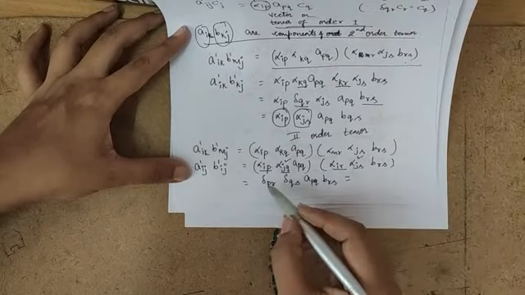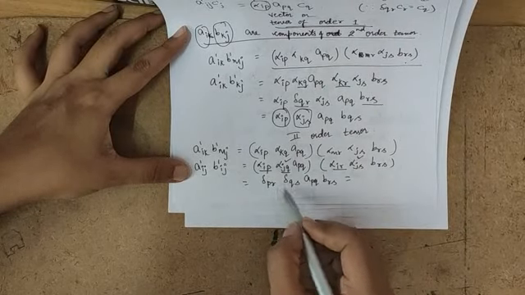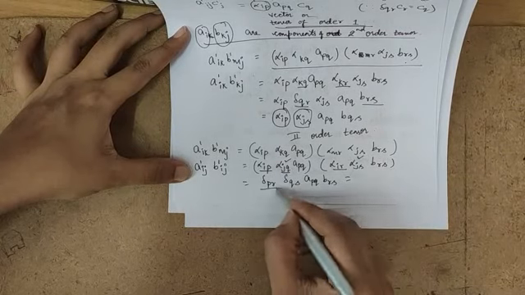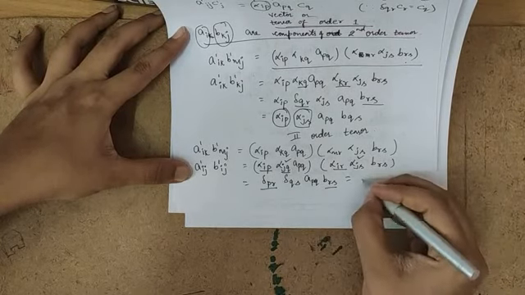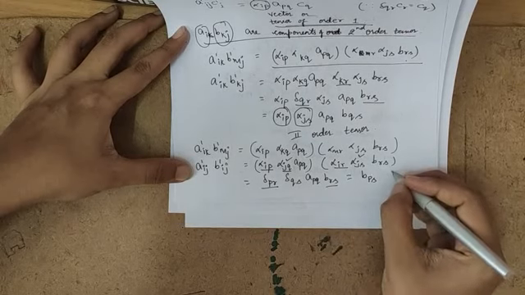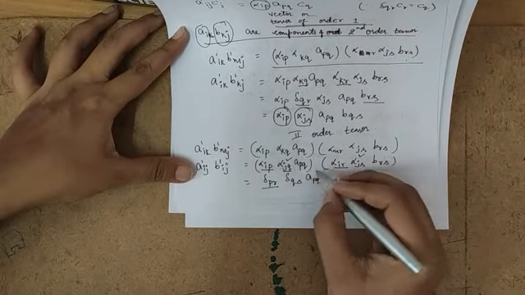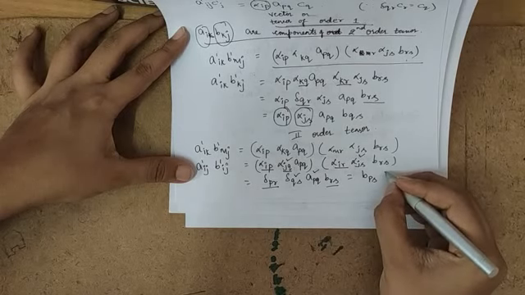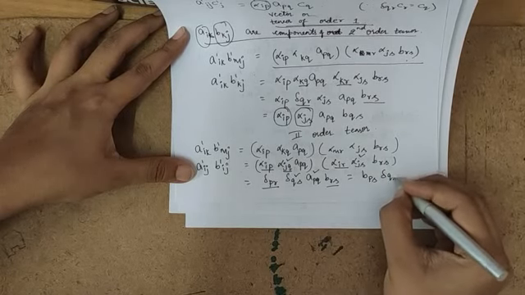Okay, so again from these two I will get bps using substitution property, and these two reduces to, okay, I will write those two as it is.